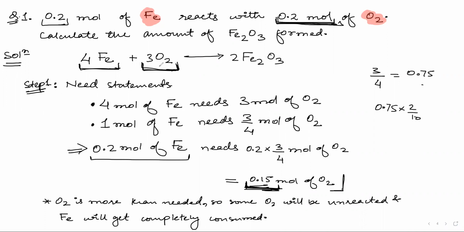Okay. Now please, what I have written here, the step 1 for limiting reagent type of question, stoichiometry type of question, is the need statements. Need statement will tell you about the limiting reagent. So if Fe is getting completely consumed, Fe is limiting reagent. Please see these lines very properly. Need statements will tell you about limiting reagent.